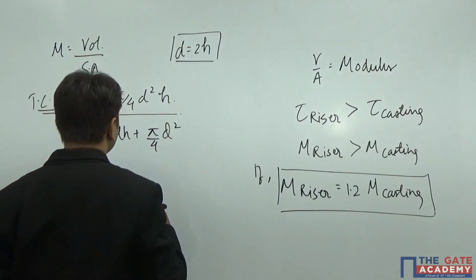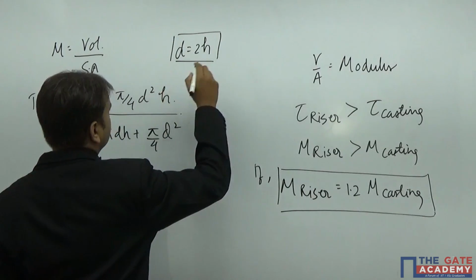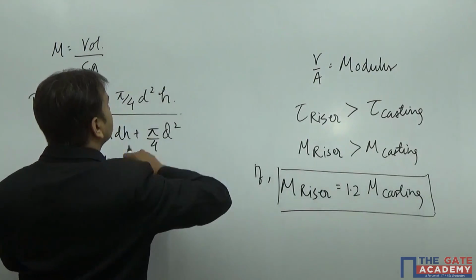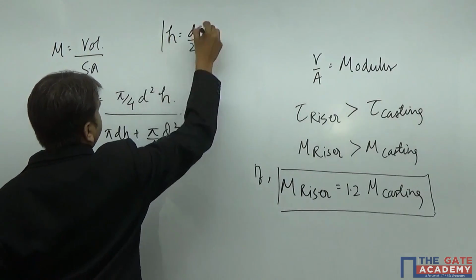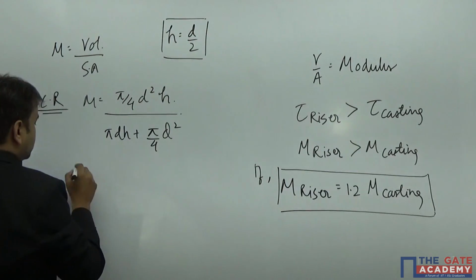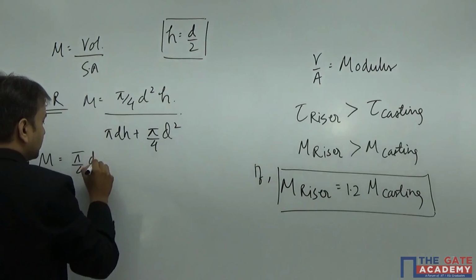So let us put down the values here. But I want everything in terms of height, so I can write h equal to d by 2.